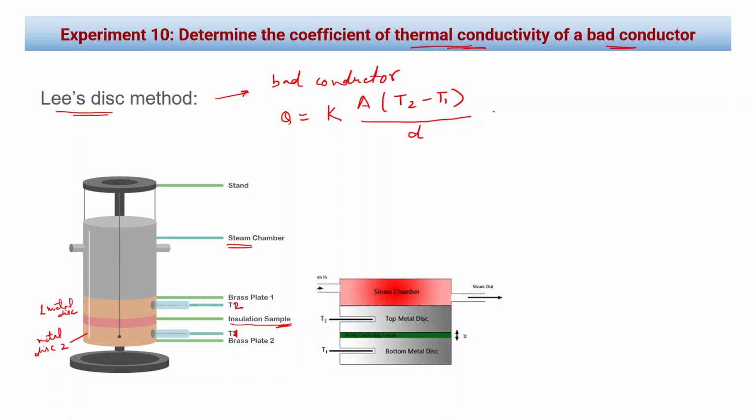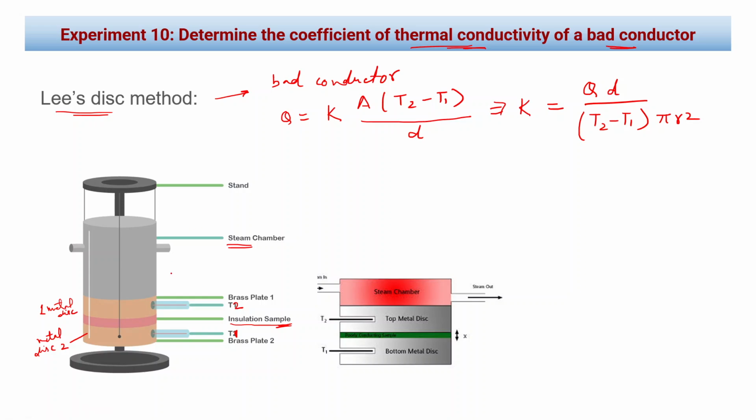From this you can understand that the thermal conductivity, if I rewrite this equation, will be given by heat transfer rate times thickness divided by temperature difference times the area of cross section. Either I can write A, or it will be pi r square.